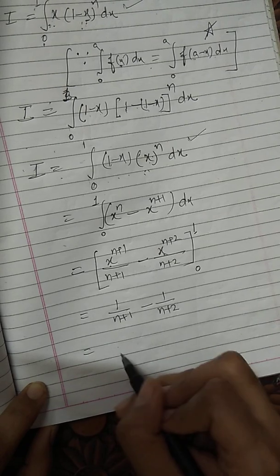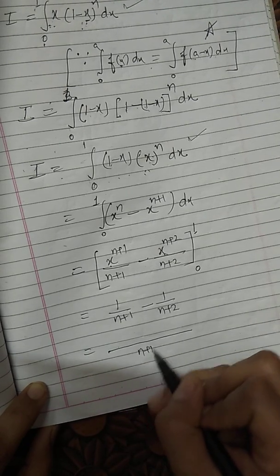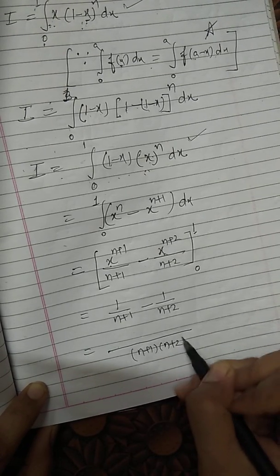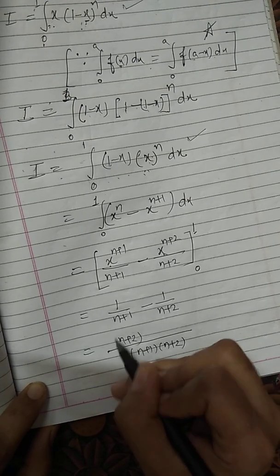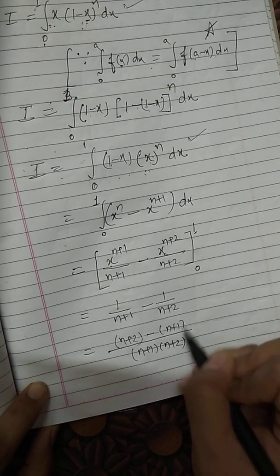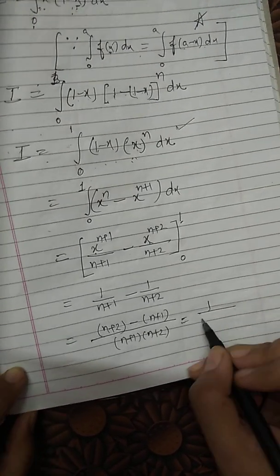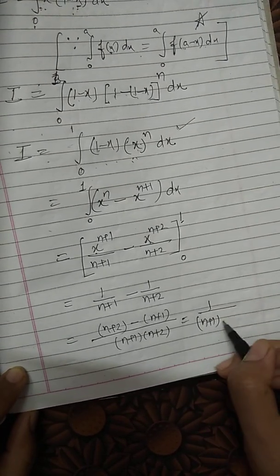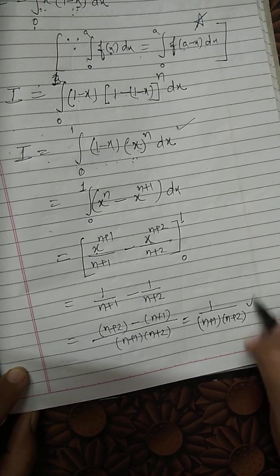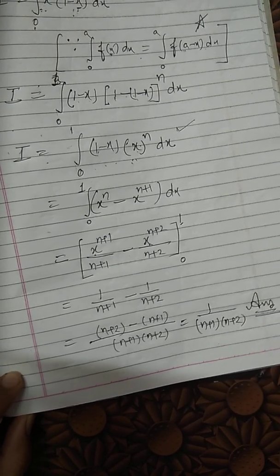If we take the LCM, it will be (n plus 1)(n plus 2). So here you go, n plus 2 minus n plus 1, n and n cancel. Our answer will be 1 upon (n plus 1)(n plus 2). This will be your answer.